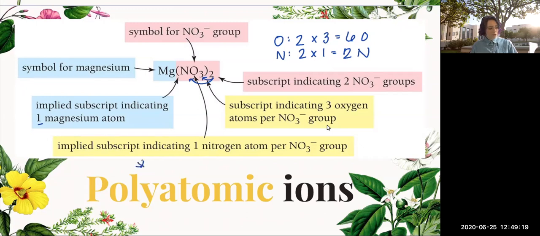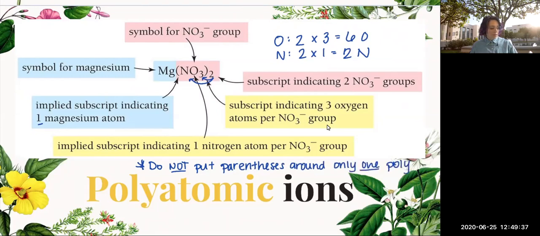Note here, do not put parentheses around only 1 polyatomic ion. For example, if I wanted 1 hydroxide, I don't put the hydroxide in parentheses because there's just 1. You only need parentheses if you say, hey, I need more than 1 of these groups.